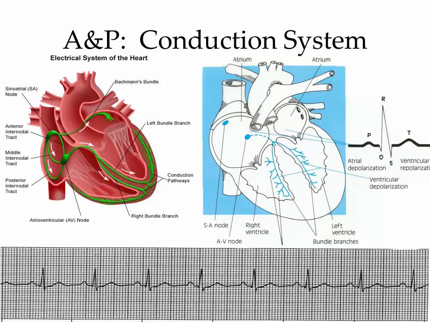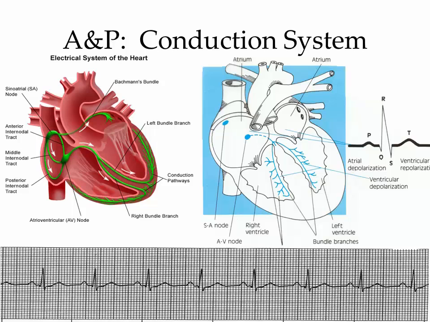Think about the normal flow of blood through the heart and superimpose the conduction system on top of that. So blood comes into the right atrium. The SA node says atrium contract, and the atrium contracts and sends blood into the ventricles.